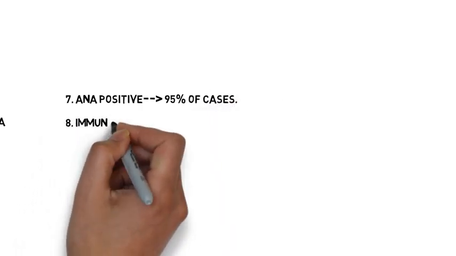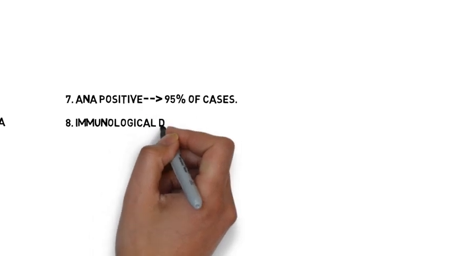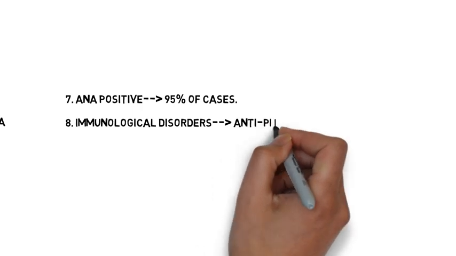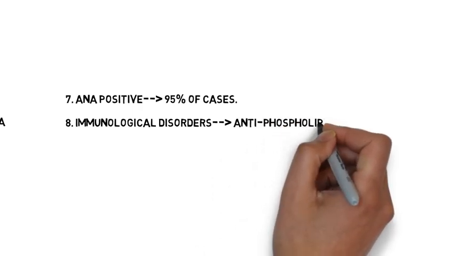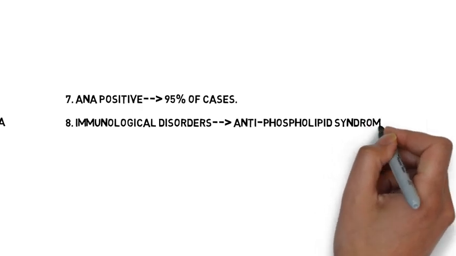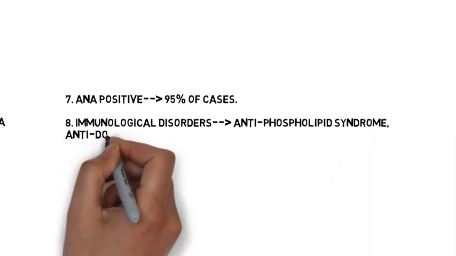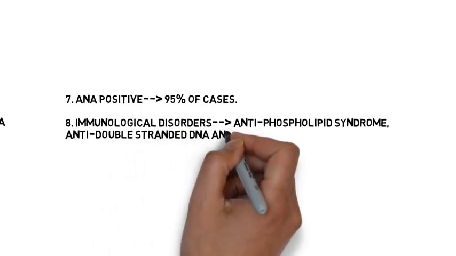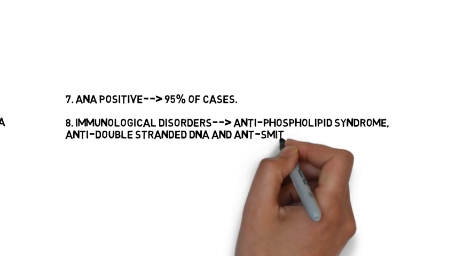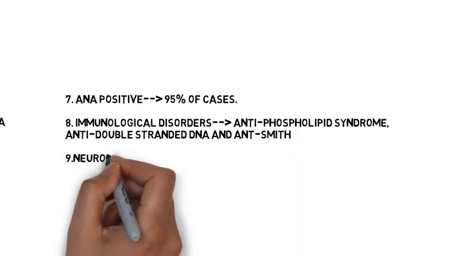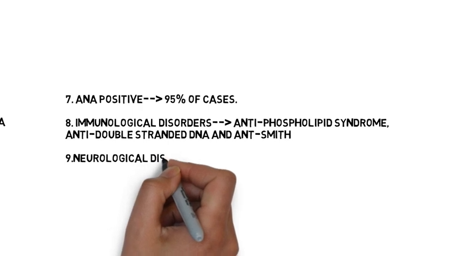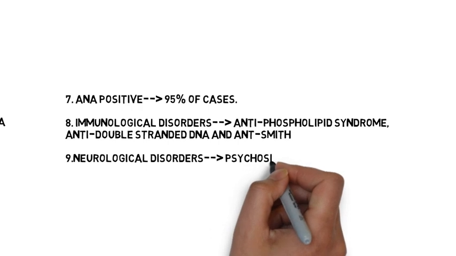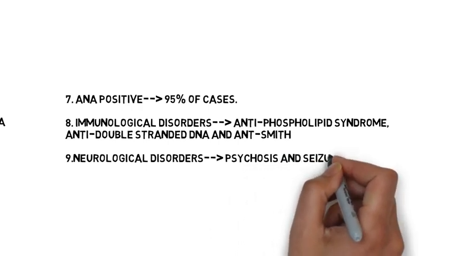Anti-nuclear antibodies are the A in this mnemonic, and these are found in 95% of cases of lupus, but they are also found in healthy individuals and those with autoimmune hepatitis, so they're not 100% accurate. I is for immunological disorder, and this includes antiphospholipid antibodies, anti-double-stranded DNA and anti-Smith antibodies.